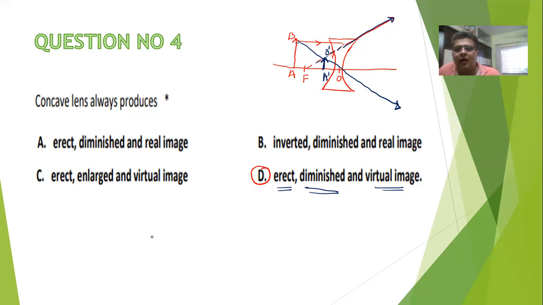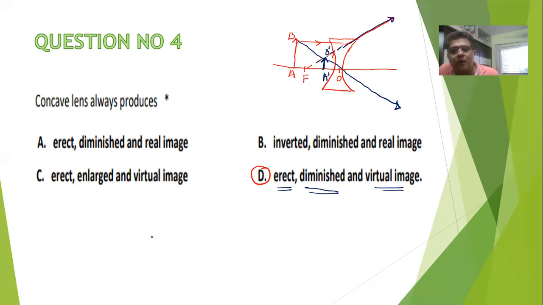There is no way one can create a question which will be difficult for us once you know the diagram like this. But sir, what happens in the case of convex lens? Convex lens can give you real image, virtual image. It can give you magnified image, it can give you diminished image. It can give you erect image and inverted image also, depending on the position of the object.